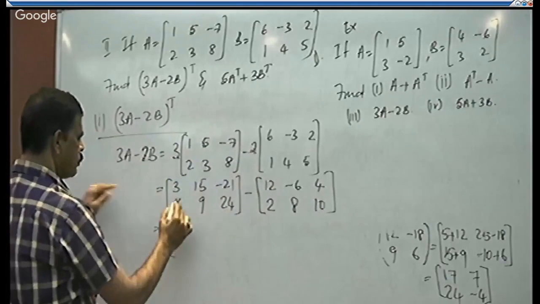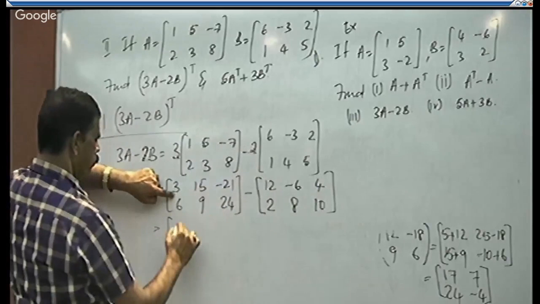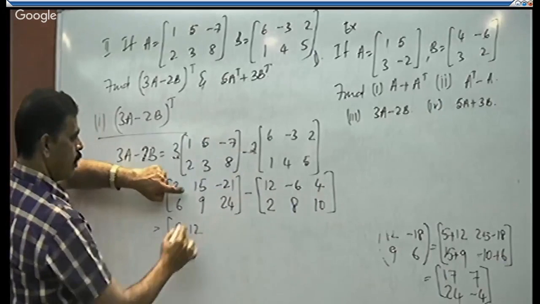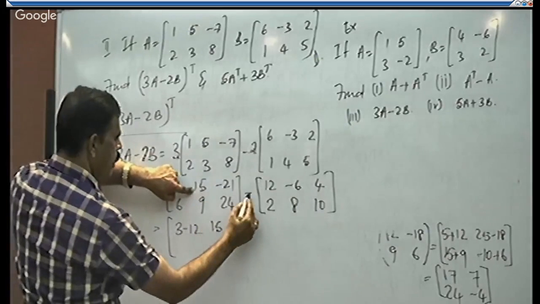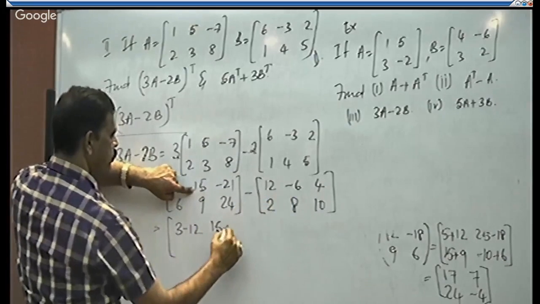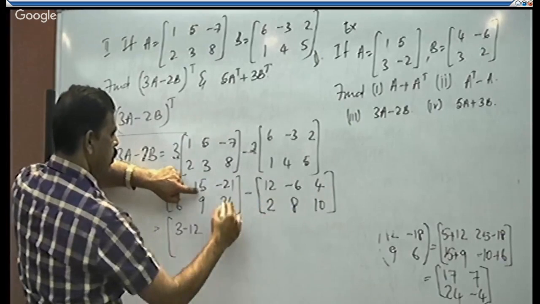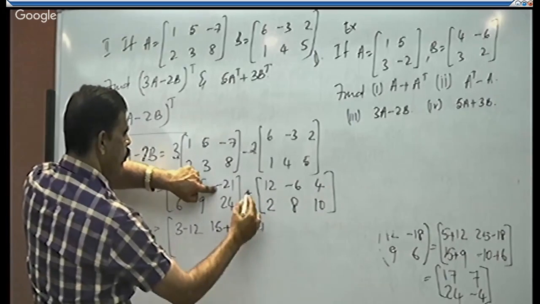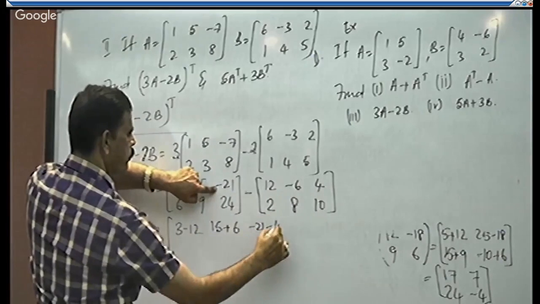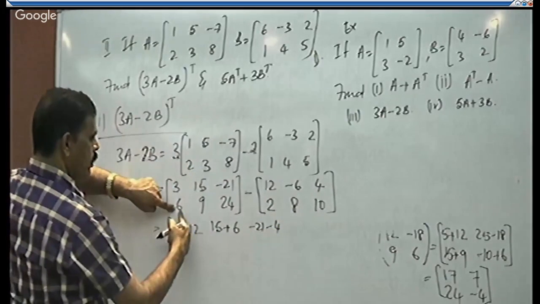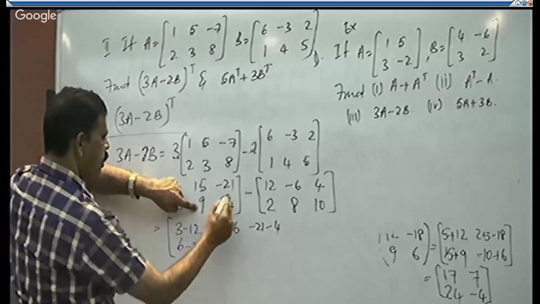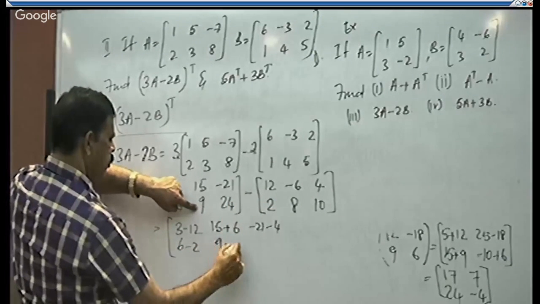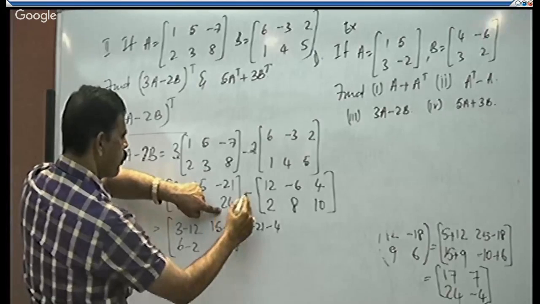That is equal to 3 minus 12. Next, second element in first row. 15 minus of minus plus 6. Minus 21 minus 4. Then second row elements: 6 minus 2, 9 minus 8, 24 minus 10.